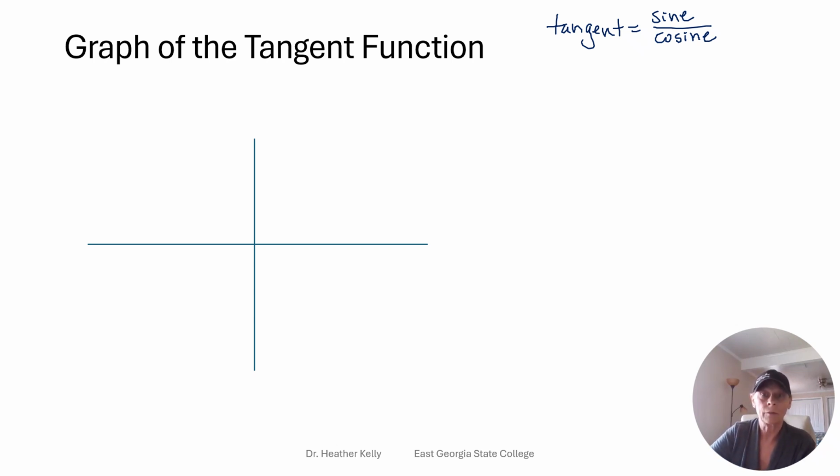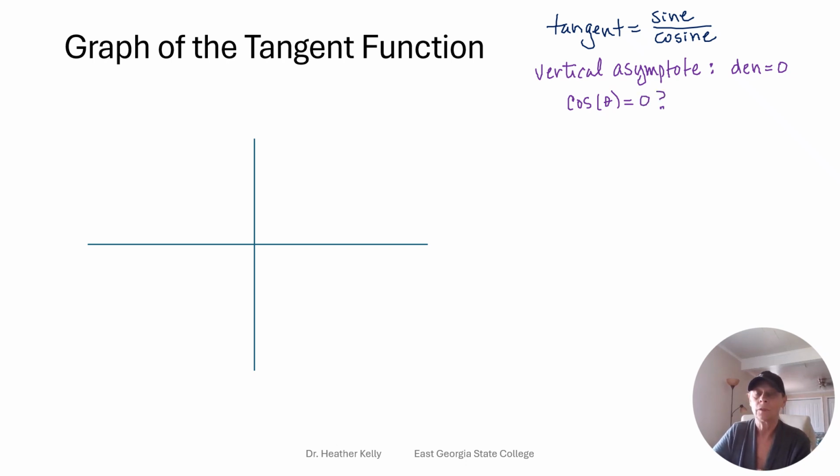So let's talk about them here. The vertical asymptote happens when the denominator is equal to 0. So where is the cosine of theta equal to 0? That's really our question, okay?